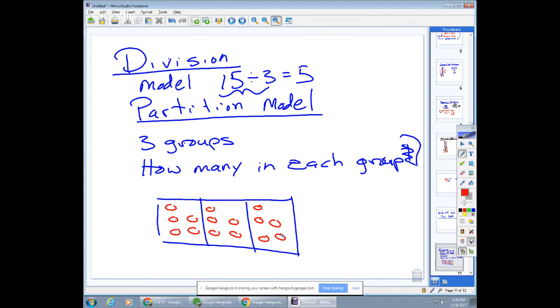So I can see there's 5 in each group. So that tells me 15 divided by 3 is 5.